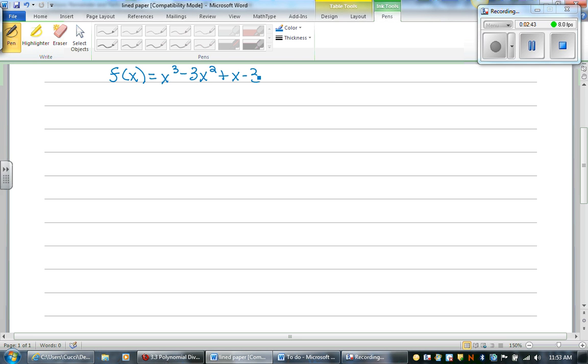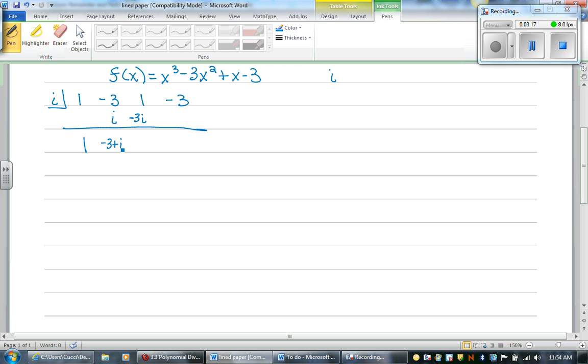Here's our function, and again, we want to know, is i a 0? So i is the value we're putting in. We're going to use our coefficients, 1, negative 3, 1, negative 3, and we're going to drop our 1. i times 1 is i, and when you add those, you get negative 3 plus i. Then i times negative 3 plus i. We get negative 3i.